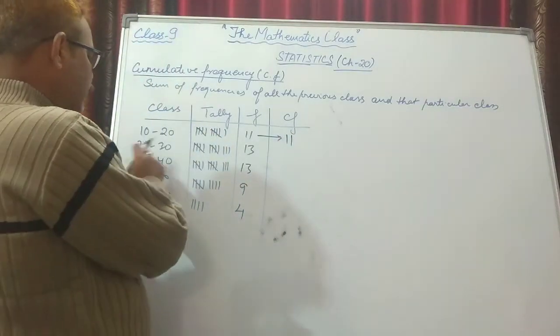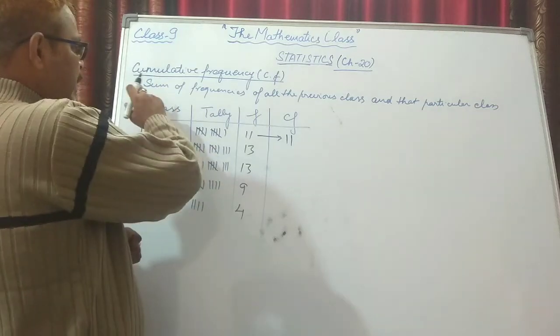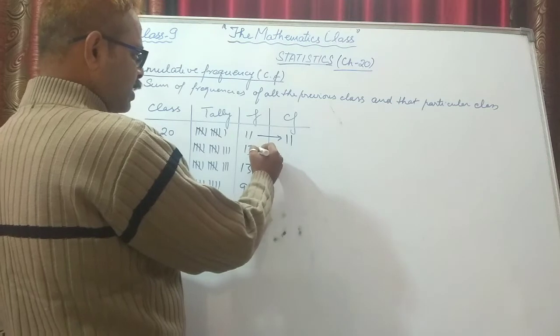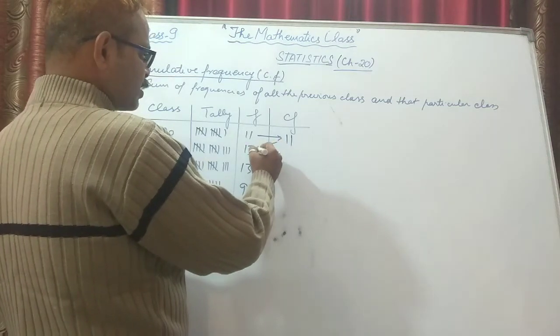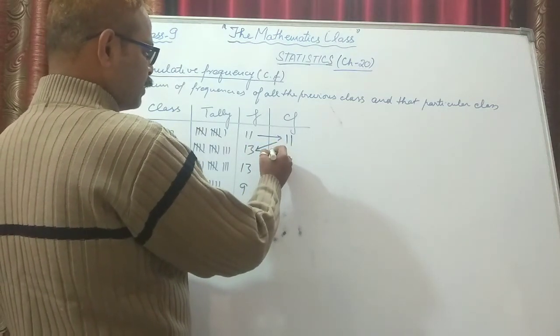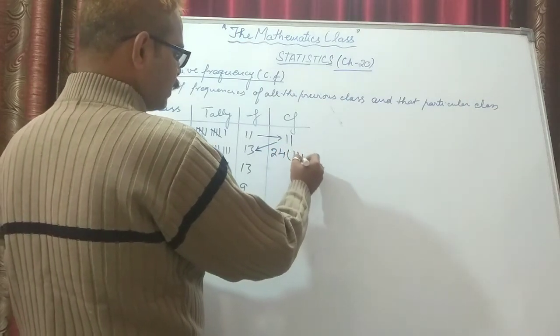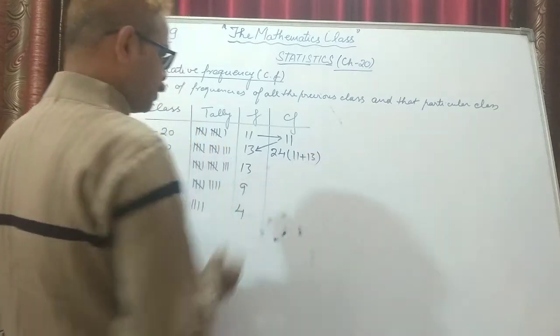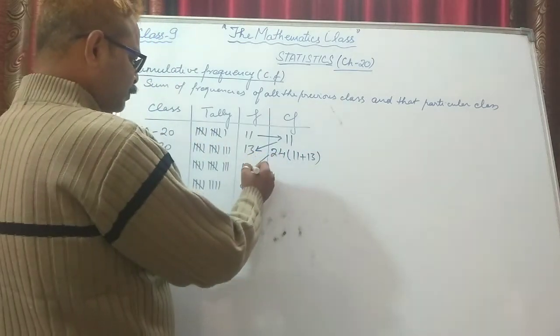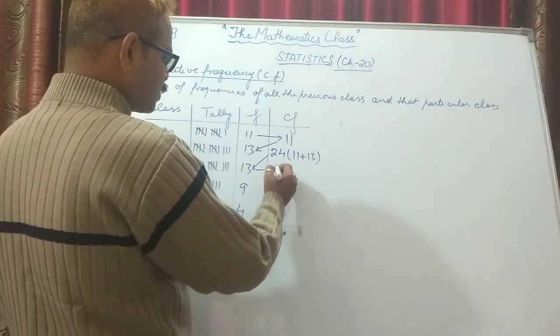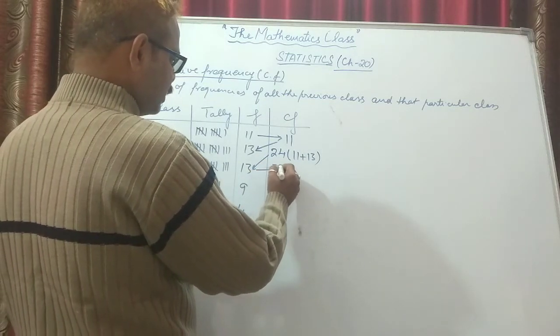Now when we talk about 20 to 30, they say sum of frequencies of all the previous classes. The previous class was 11 and then plus 13, so 24. How did this 24 come? 11, the previous one, plus 13, the current one. Similarly, 24 plus 13 is 37.